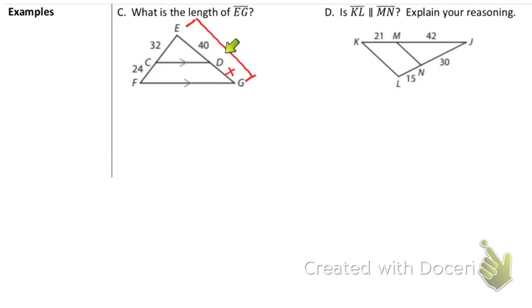Once I find x, I'm just going to add it to 40 and it will give me E to G. The side proportionality theorem can work here because these sides are parallel. So I'm going to go 32 over 24, which is going to be equal to 40 over x.